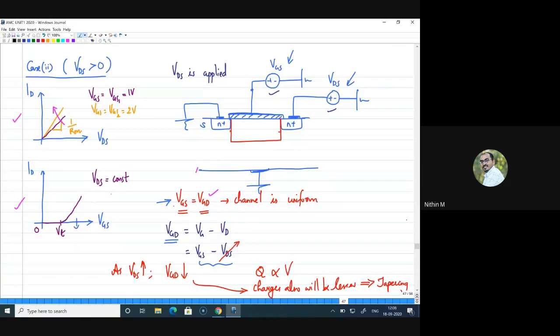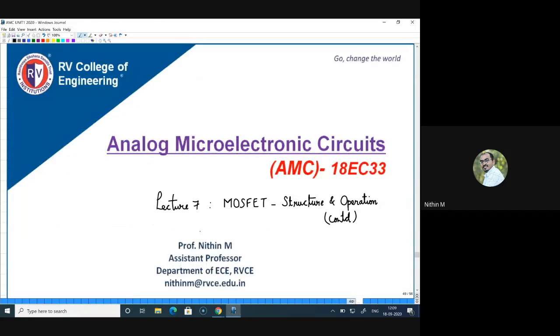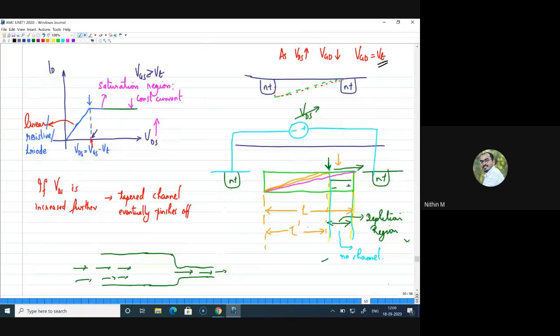By understanding the operation, we plotted this, and then we understood the tapering of the channel as you increase your VDS voltage. And finally we also saw that as you keep on increasing your VDS voltage, when it crosses a particular voltage called VGS minus VT, it will go to saturation, or the current will be sustained. That was made clear in the last lecture.